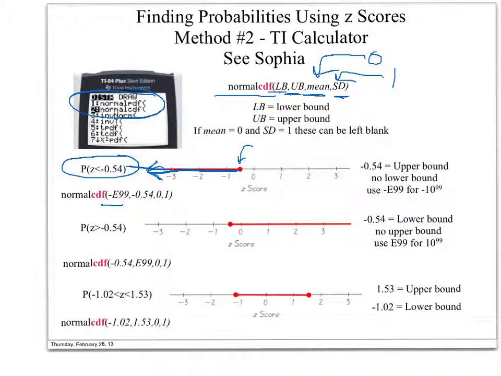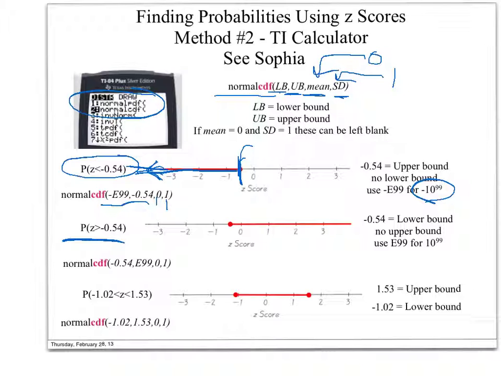All that does is tell the calculator that you're going out to negative 10 to the 99th power, which is very, very far out on the left side. So that's the lower bound. The upper bound is the number you're stopping at, which is negative 0.54. The mean is 0 and the standard deviation is 1. So if you enter that into normal CDF, you will get the area value.